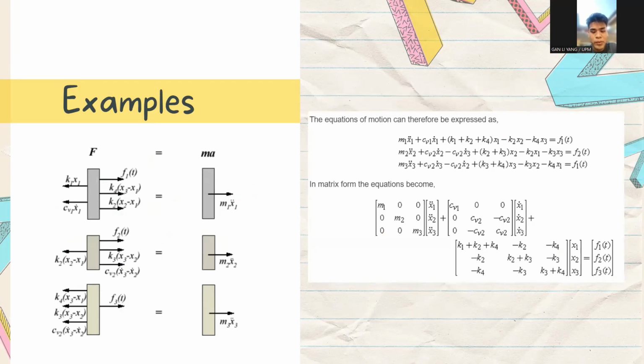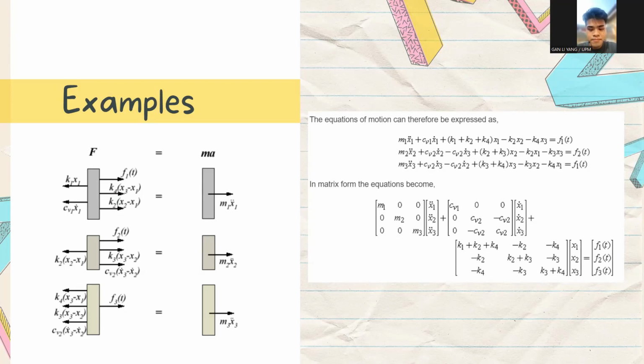From here, I think all of you know Newton's second law that we learned during secondary school. It is F equal to ma. So we will combine what we have learned before, the matrix, and the formula about vibration analysis just now, so we can solve the problem.